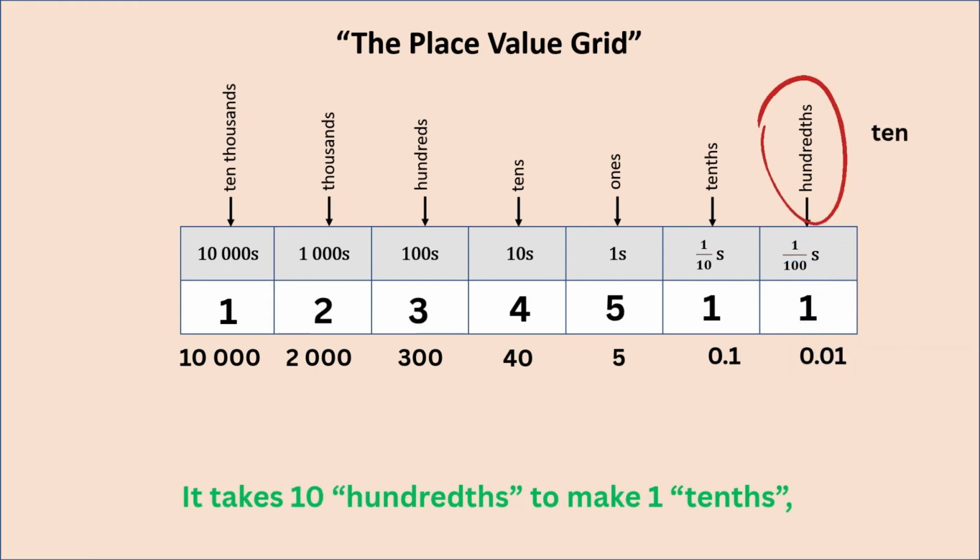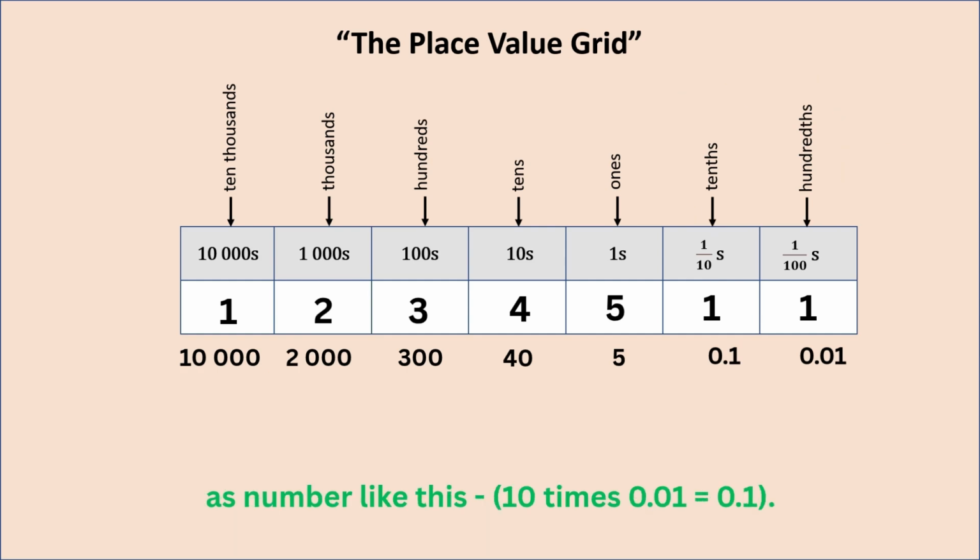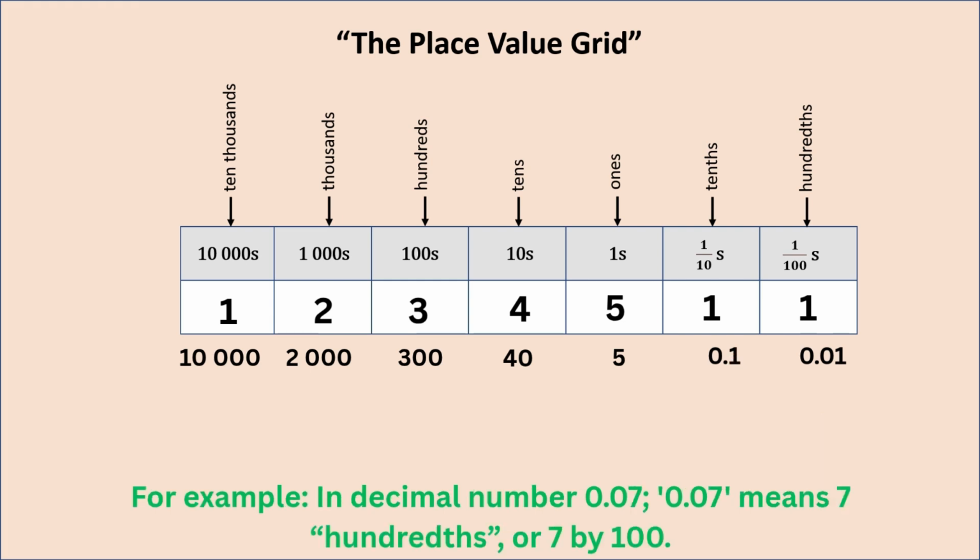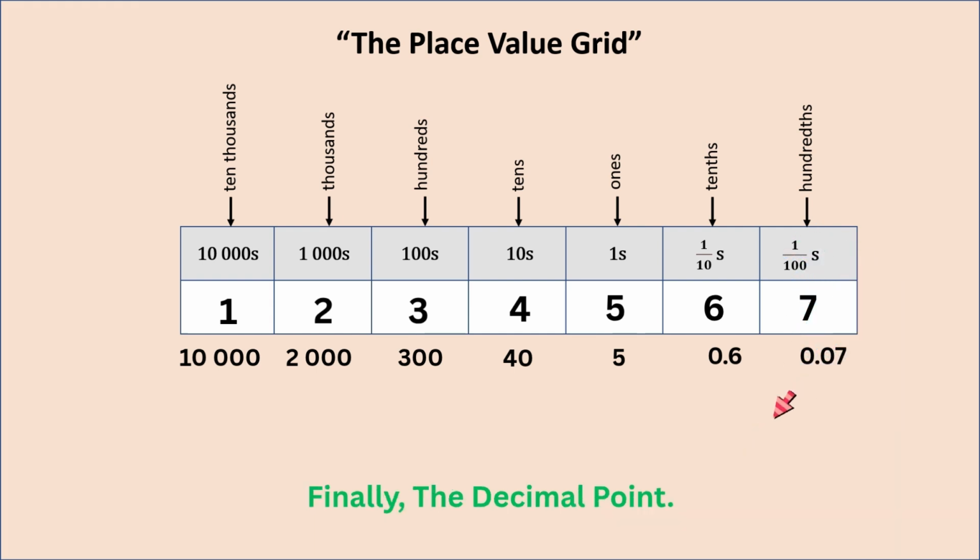It takes 10 hundredths to make 1 tenth. As a number sentence, 10 times 0.01 equals 0.1. For example, in the decimal number 0.07, 0.07 means 7 hundredths, or 7 divided by 100.